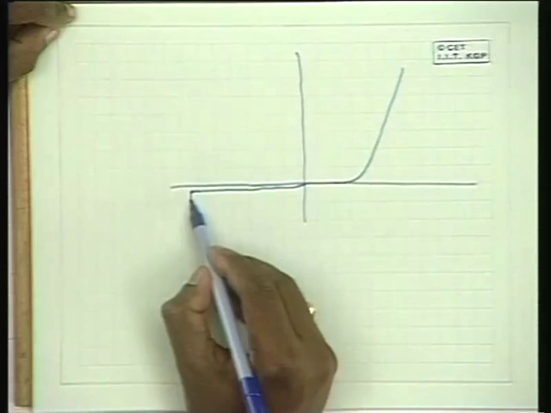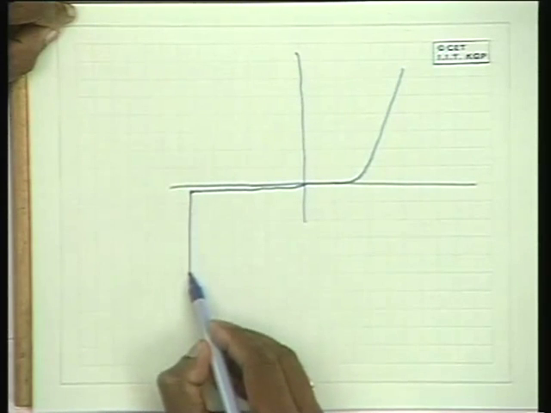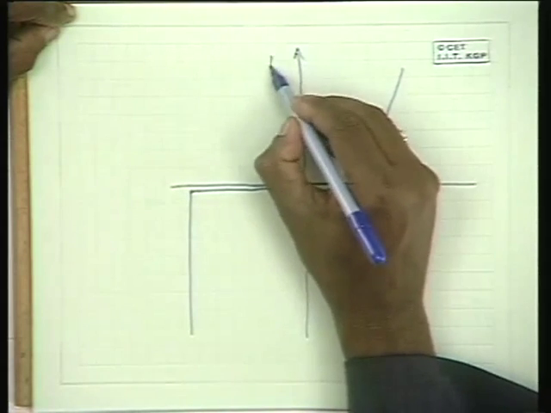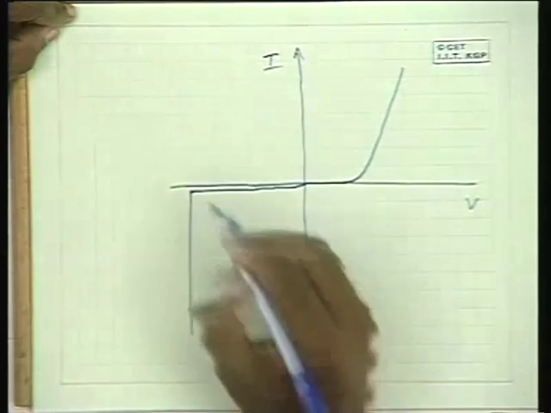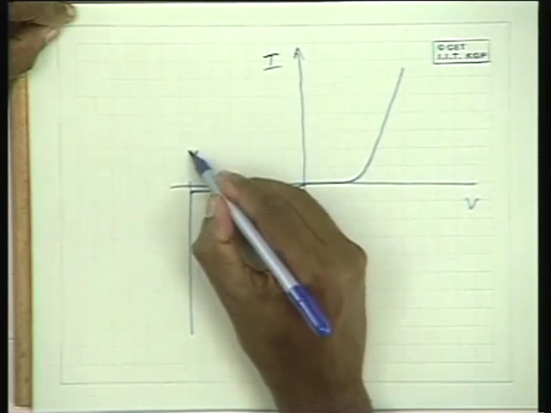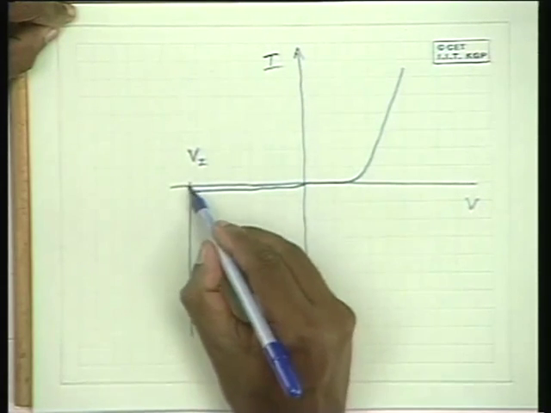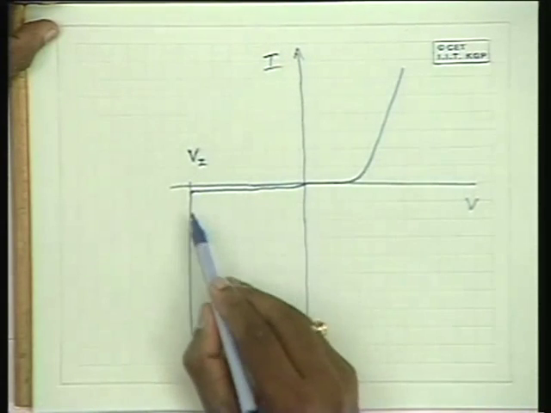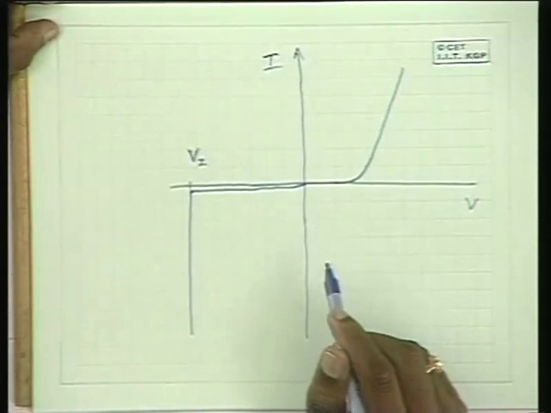One of them occurs, and the characteristics of the diode would be like this. At a certain potential known as the Zener potential, the diode breaks down, and as a result you have a high amount of reverse current that flows across this. And how does it take place? Because of two phenomena.